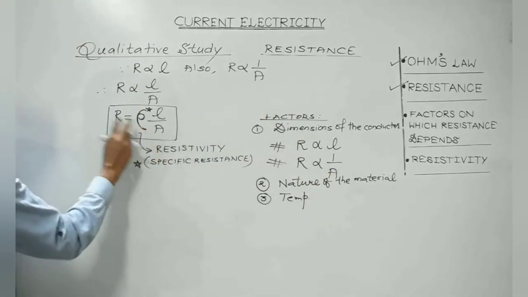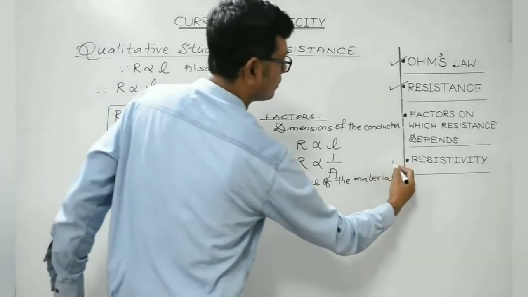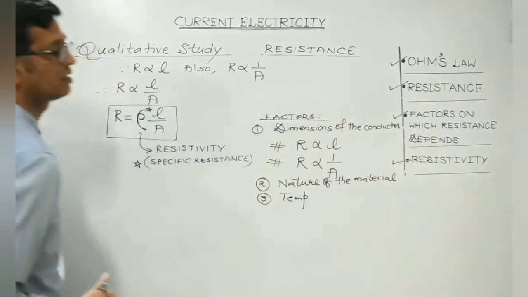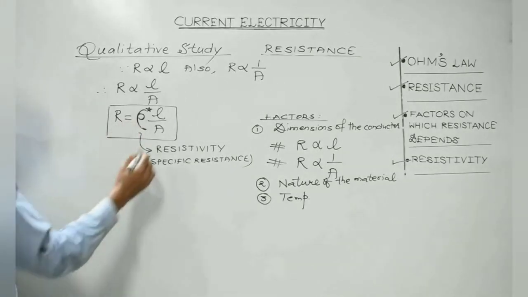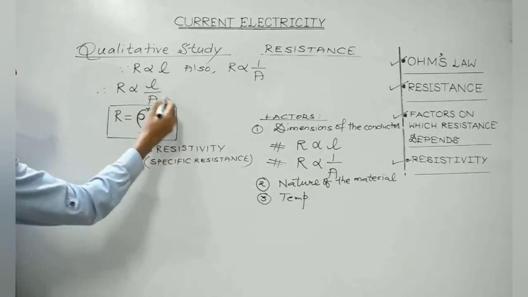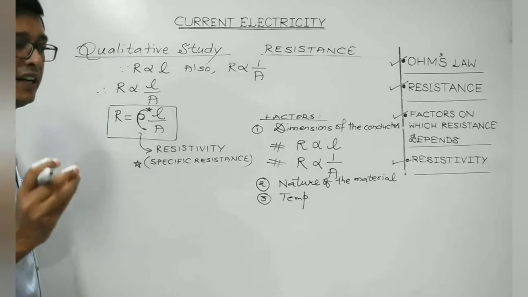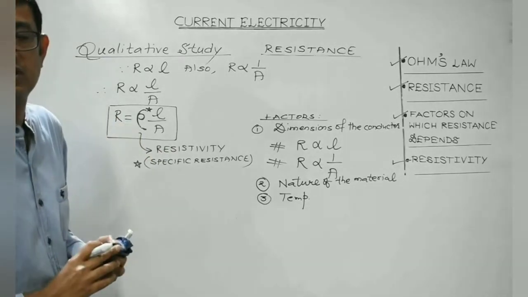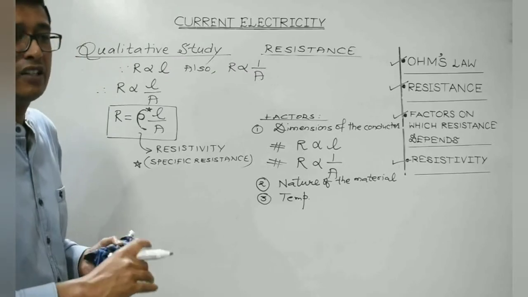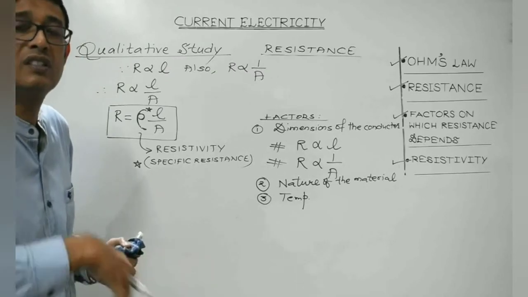So, let's discuss this term, resistivity. As I stated, it is a term which indicates the characteristic of the material of a substance. It indicates the behavior of a substance towards electricity.